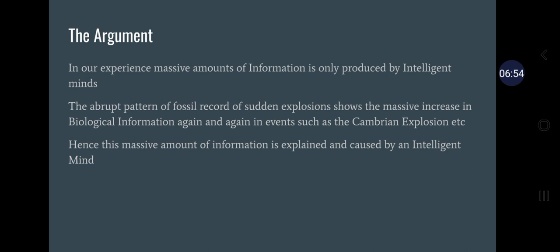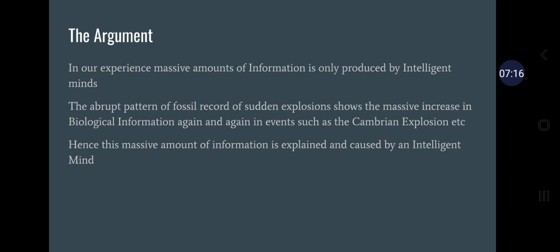The pattern of the fossil record, which I've made a video on, is basically of sudden explosions, which means that at specific time points in the fossil record there is a massive increase in the diversity of life, which means there was a massive increase in biological information. This happens again and again.